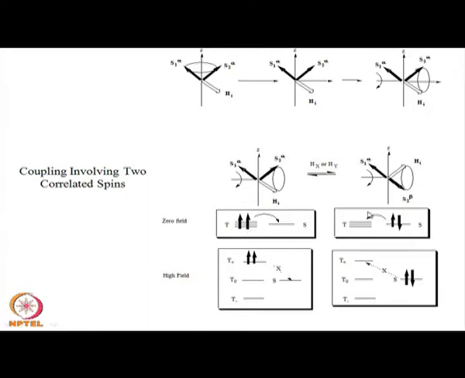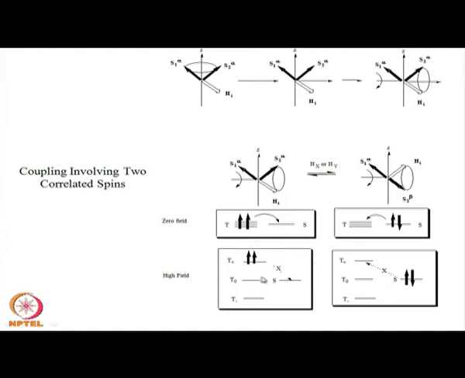Now at zero field, why is this happening? Because they are degenerate. But when the field is high, there is a splitting of these three levels, because they will no longer remain degenerate in the presence of an external field.